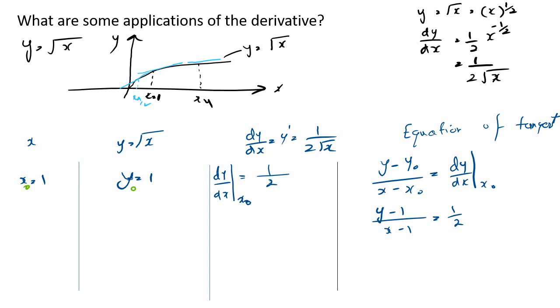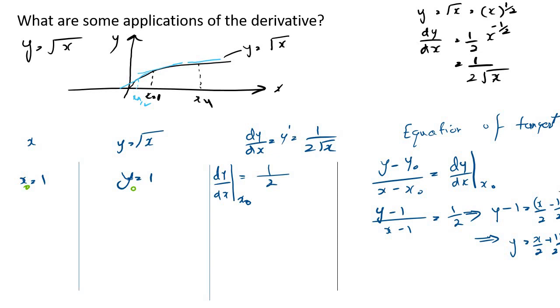If we simplify this, we get y minus 1 equals x over 2 minus 1 over 2. From this, we get y equals x over 2 plus half.